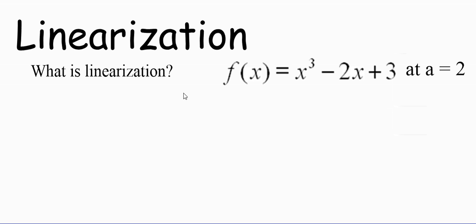Okay. What we're going to talk about today is linearization. Now, what is linearization? That's one of the key things. Well, linearization is simply using tangent lines to approximate values.